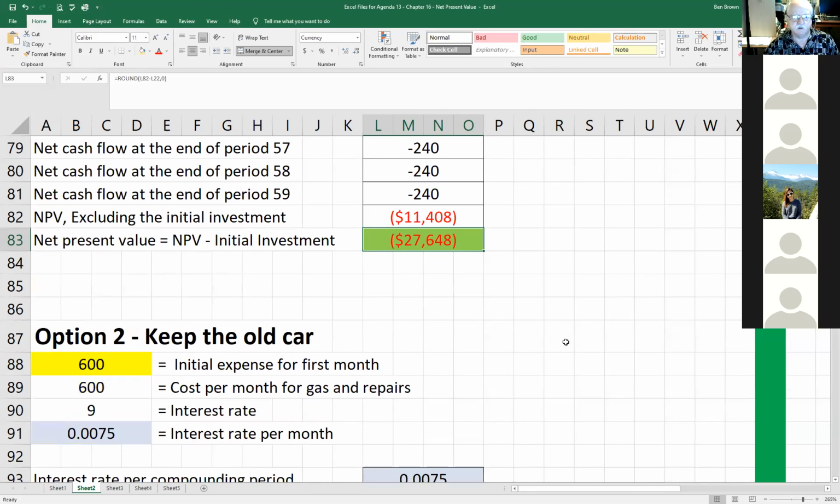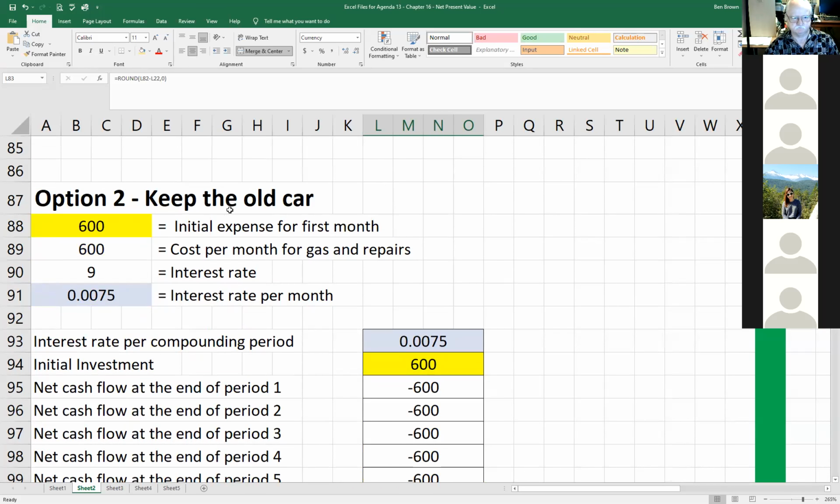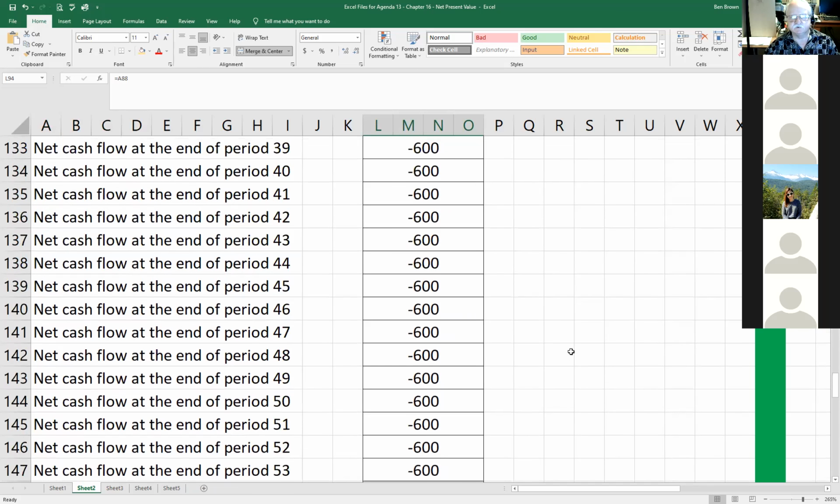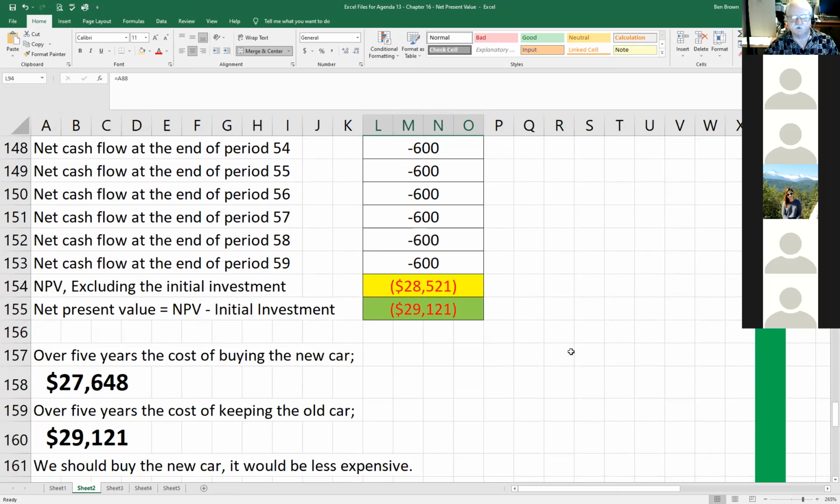So we try the same thing with the old car. The initial expense has to be the 600. And then for every month after that, you're still paying 600 for gas and repairs. The interest rate is still 9%, but we've still got to consider it monthly. So the monthly interest rate goes in here, the initial investment here, and all these 600s for the life of the car, or for the 5 years anyway.